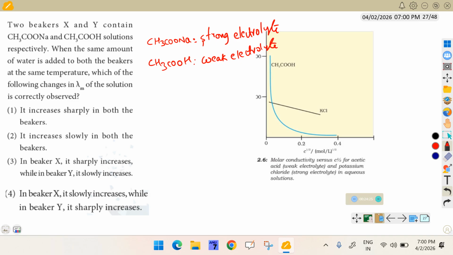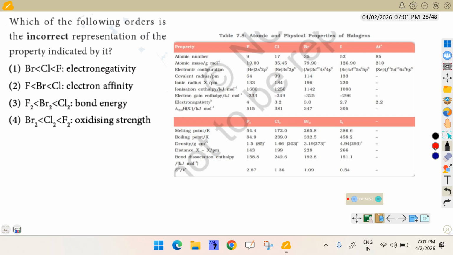When the same amount of water is added to both the beakers at the same temperature, which of the following changes in lambda m of solution is correctly observed? What we know: if the electrolyte is a strong electrolyte, the lambda m value increases slowly. If the electrolyte is a weak electrolyte, lambda m value increases sharply. The fourth option is correct.